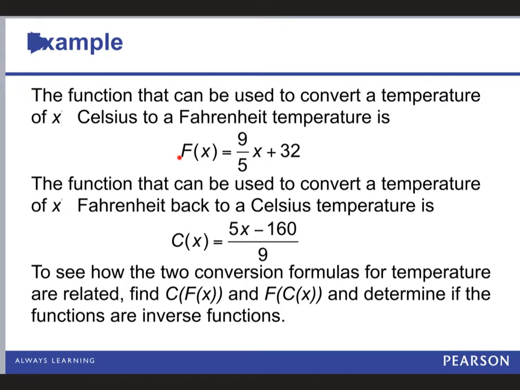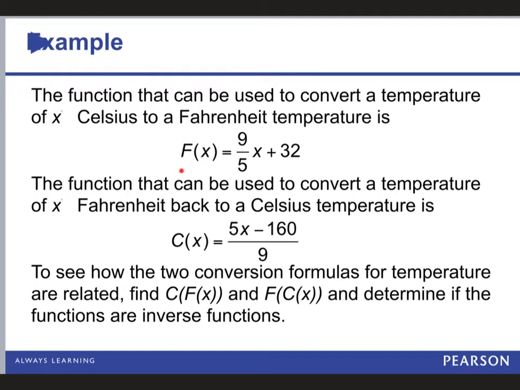So now we know that we can tell whether two functions are inverses by doing the function composition. Here we have a function f of x with a capital F. We're using this to represent the function where if my input is the degrees Celsius, and I multiply it by 9, divide it by 5, and then add 32, I'm going to get the degrees in Fahrenheit. That's pretty useful because if I grew up with Fahrenheit temperature, and if somebody tells me the temperature in Celsius, I don't really have a good feeling for how warm it really is.